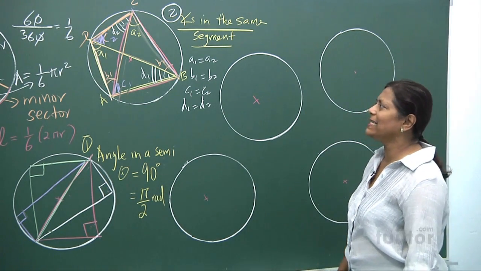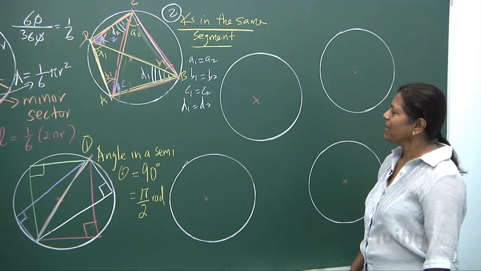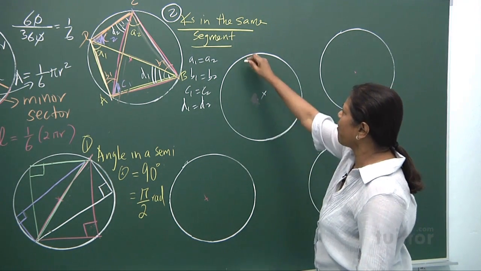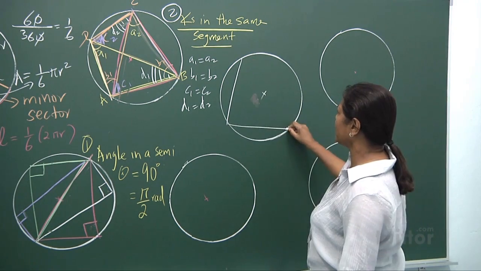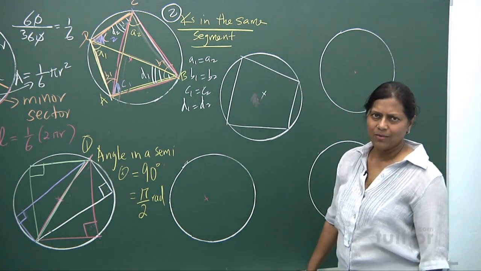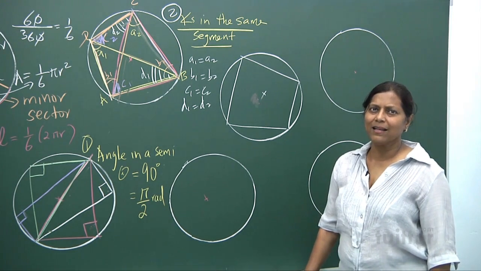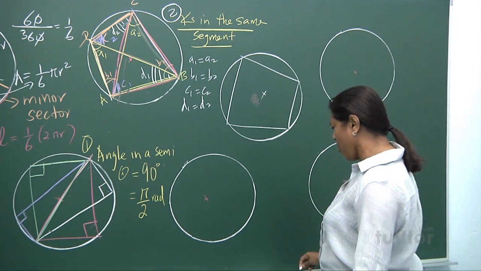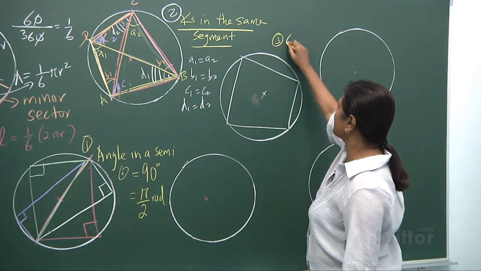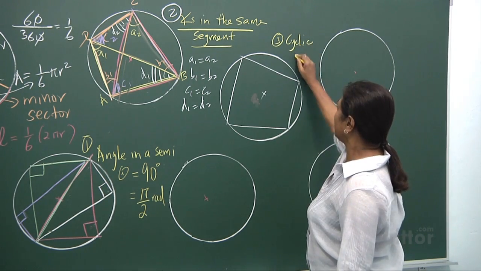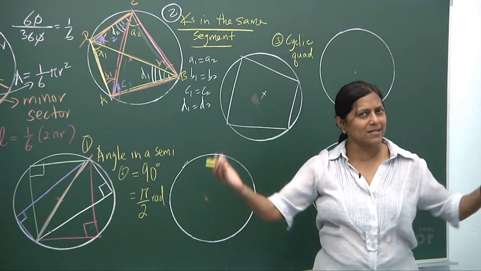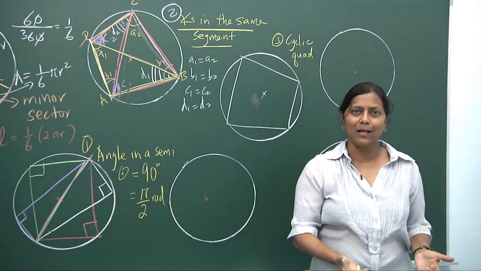Now if you have a circle, and I think the center will be here better, and if I have a four-sided figure, we call this a cyclic quad. What do you call it? A cyclic quad. So in a cyclic quad, what can you say? The properties of a cyclic quad. A quad means a quadrilateral, and when it's inside the circle, you call it a cyclic quad.